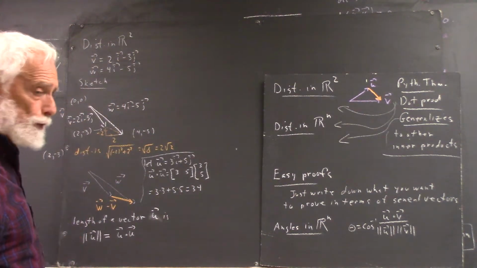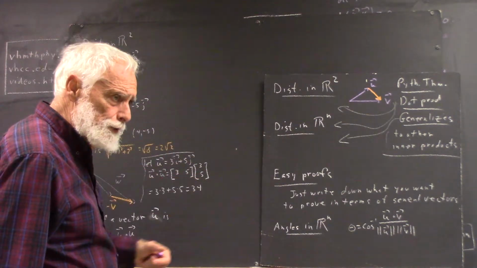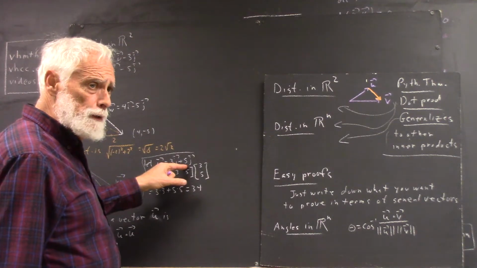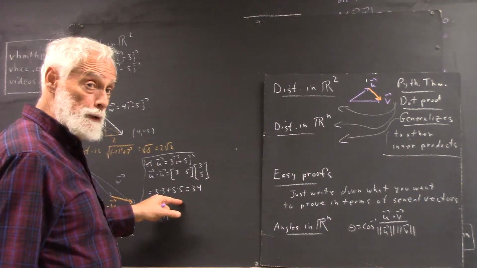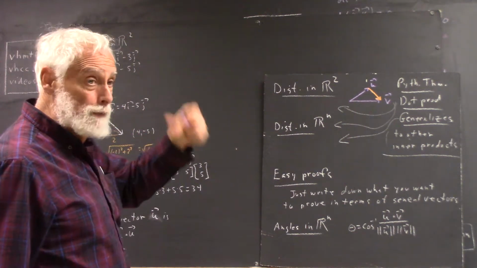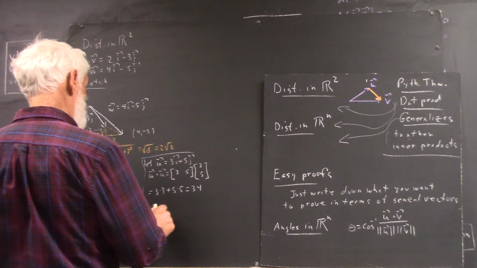Now, the length of u, well, it's 3 units in this direction, 5 units in this direction, right? So 3 squared plus 5 squared, well, we've just done that, haven't we? Okay, 3 squared plus 5 squared is 34, and the length, of course, by the Pythagorean theorem, is the square root of 34.